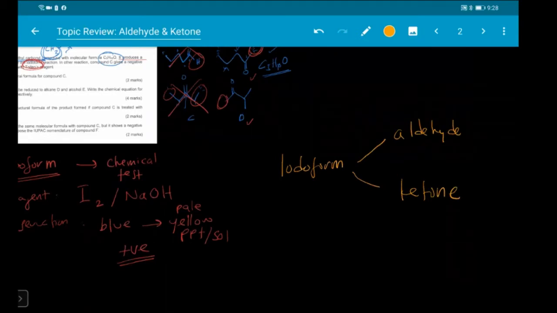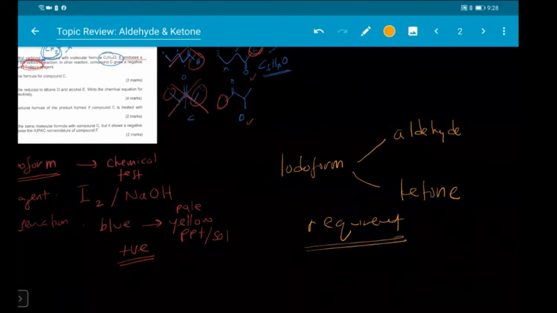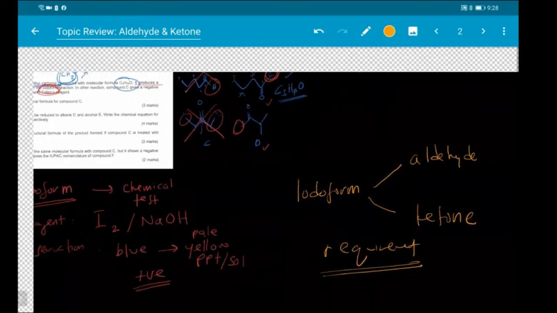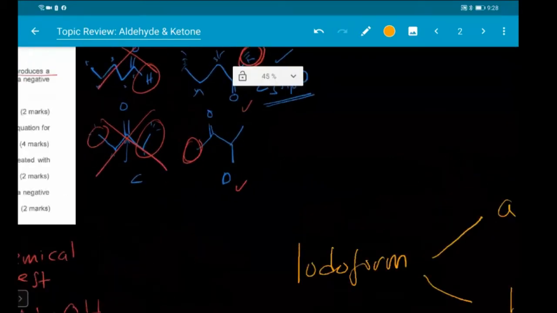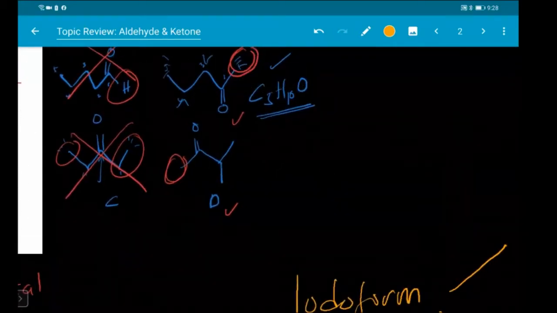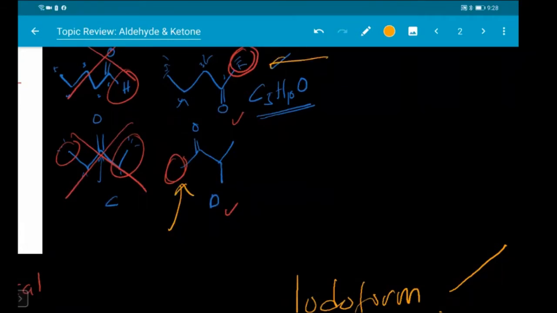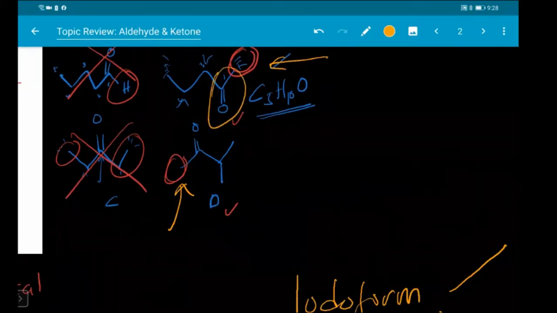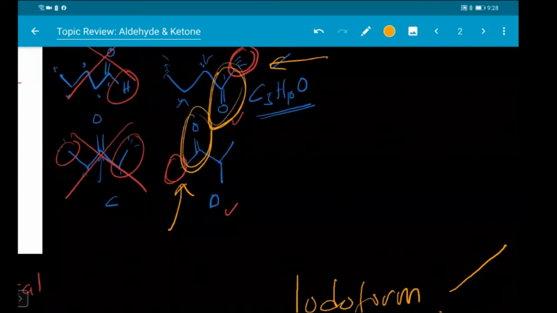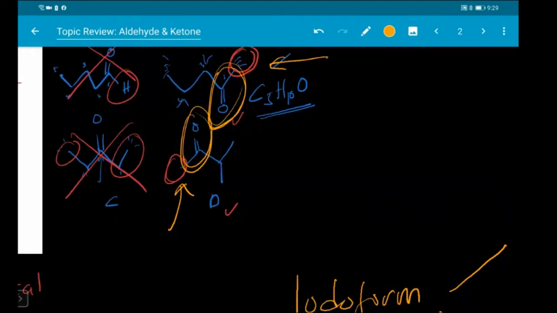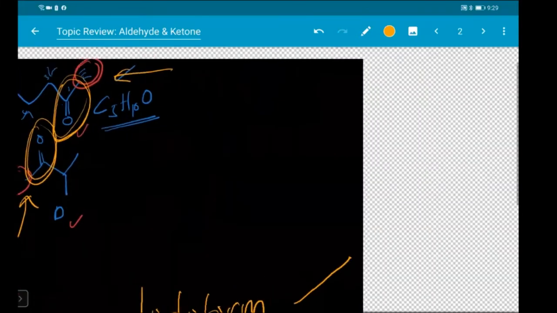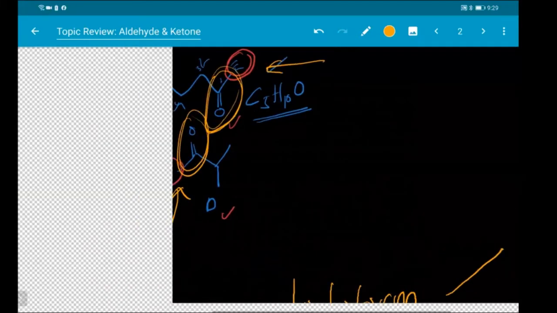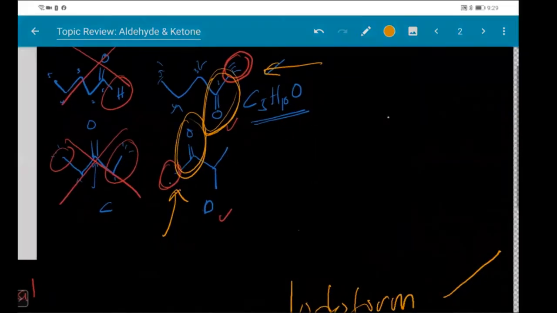Okay, the requirement yang tadilah, kalau kita tengok contoh tadi ni, the requirement, you need to have methyl group ni, which is located next to the C double bond O. That's why saya nak buat comparison. Let's compare B dengan D ni. Alright. The structure for B, cek balik. Sorry, B dengan C.